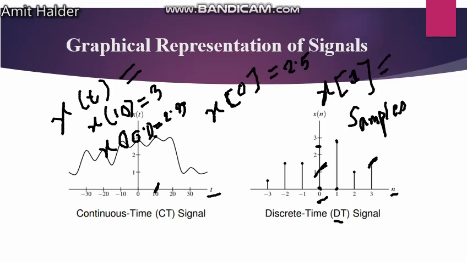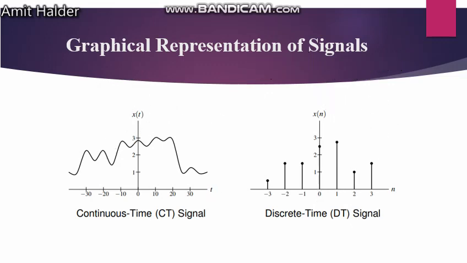That means there is 2.8. There is 2, and 2 is 1. I will make it clear now. At 0 point, that means x[0], in that index, that is known as index, the value here is 2.5.